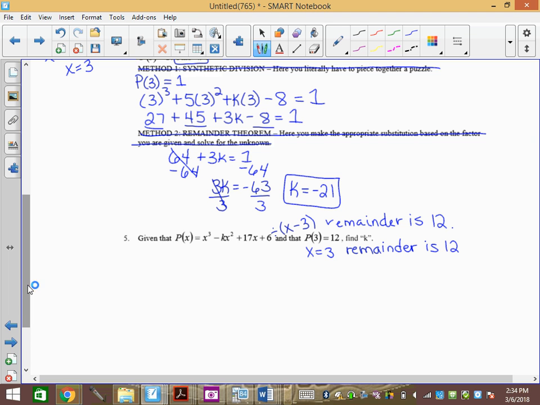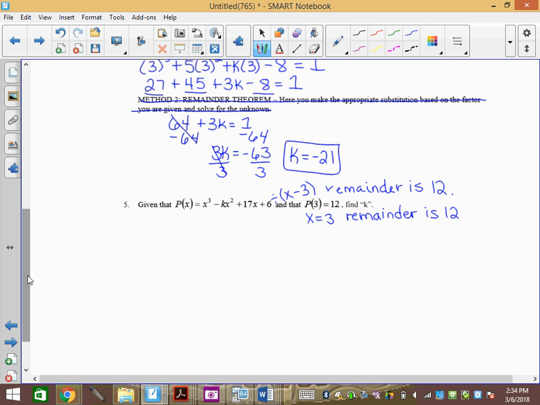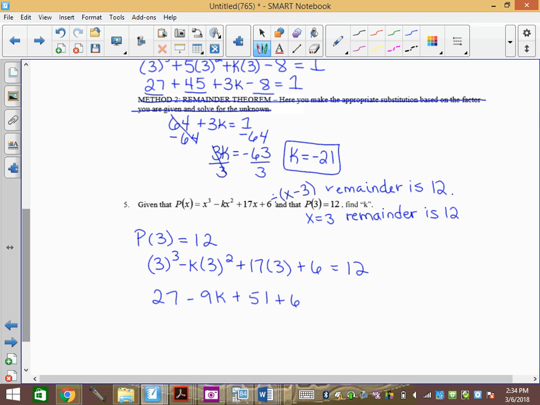So we are going to go P of 3 equals 12. So 3 cubed minus k times 3 squared plus 17 times 3 plus 6 equals 12. 27 minus 9k plus 51 plus 6 equals 12. 51 and 27 is 78 plus 6 is 84.